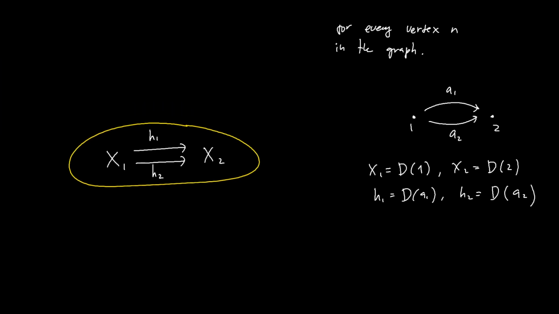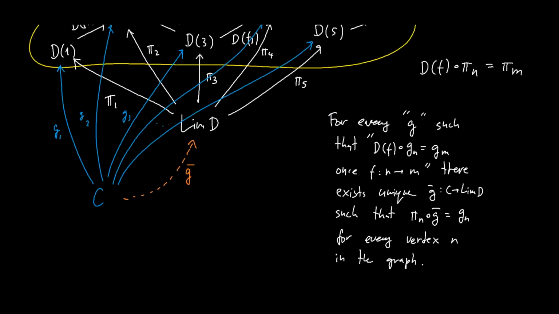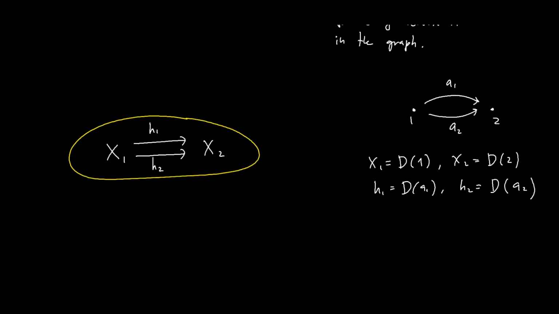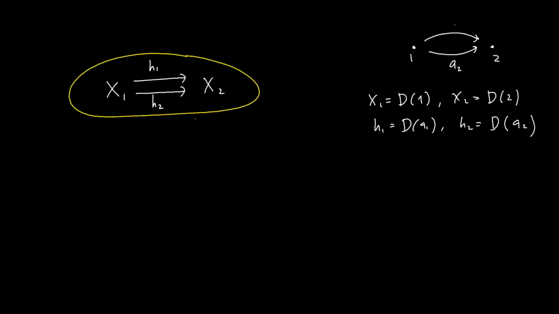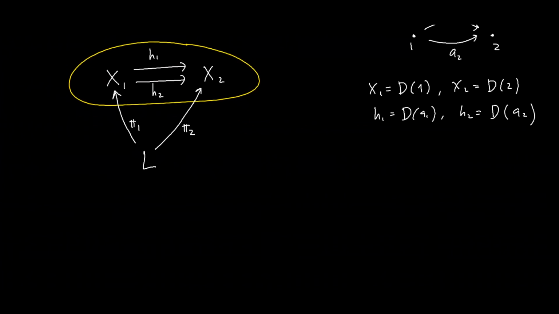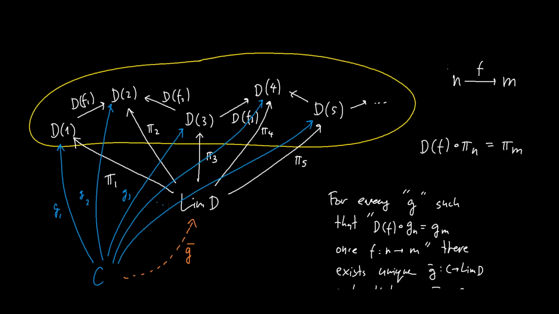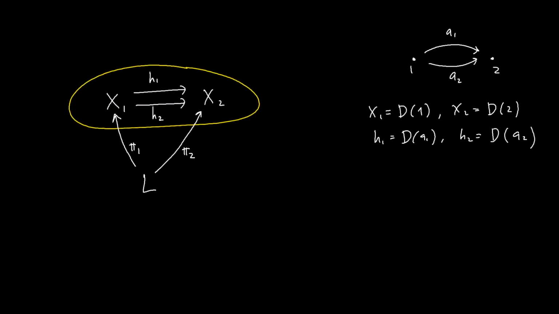So what is going to be the limit of this? Applying this general notion to the special case, the limit of this thing should be a set L together with two projection arrows, pi1, pi2. And remember the requirement about the arrows in my yellow area, which I never had before.